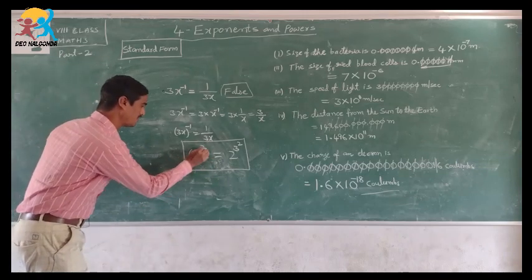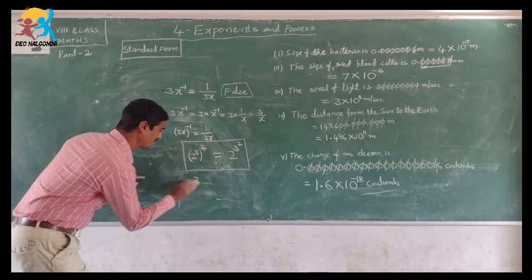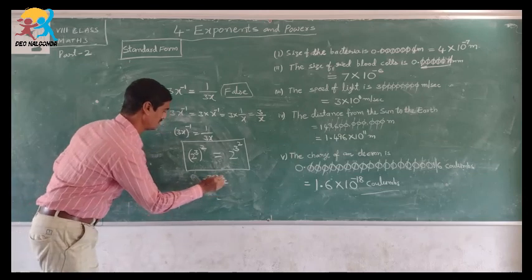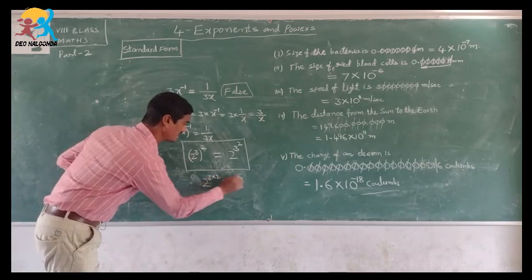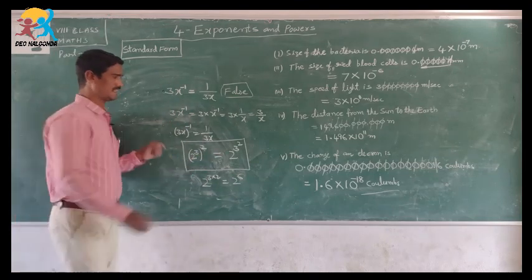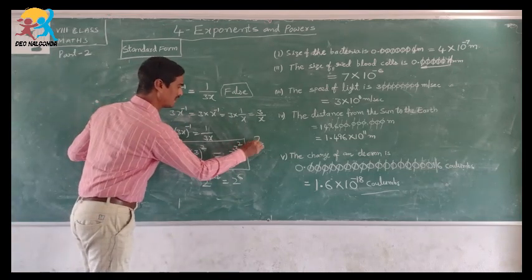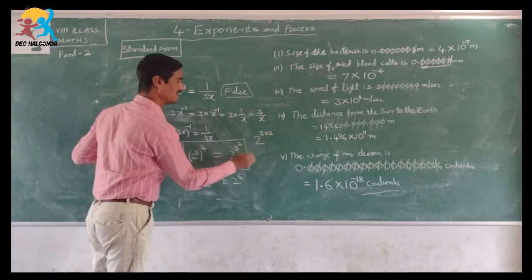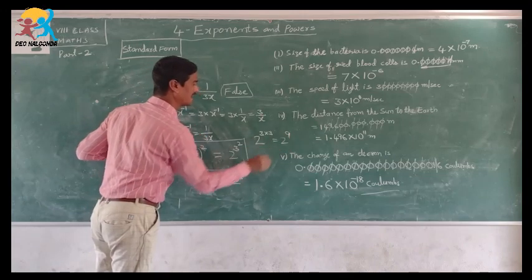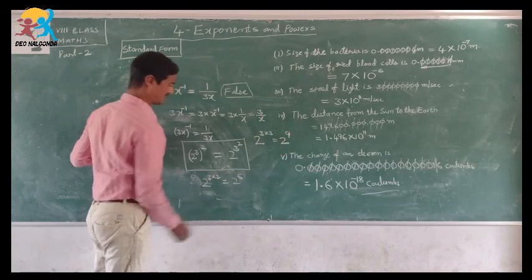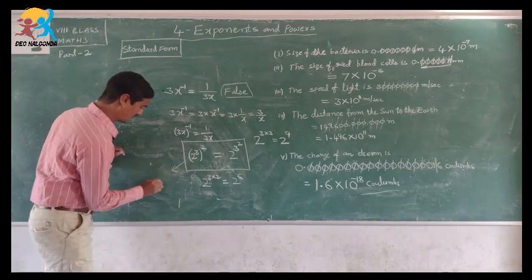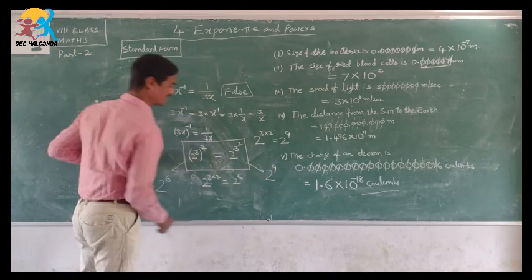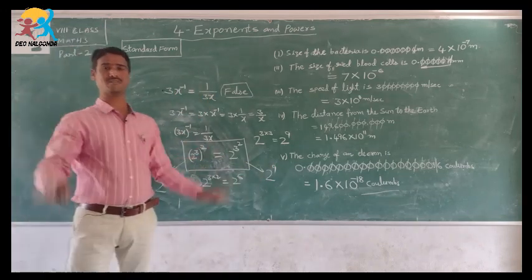Here 2 power 3 whole power 2 means 2 power 3 into 2, equal to 2 power 6. But here it is 2 power 3 square. 3 square means 3 into 3, so 2 power 9. This is 2 power 6 and this is 2 power 9. So these two are not equal.